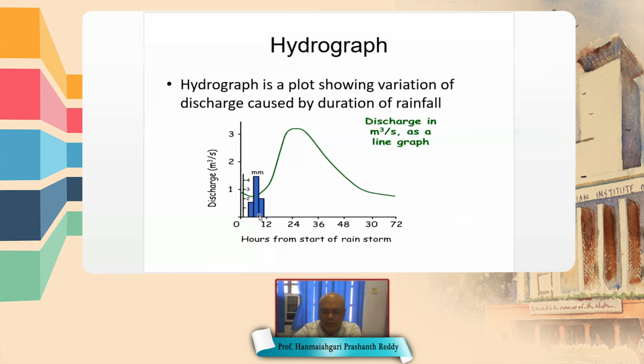A rainfall hydrograph is shown, then the resulting hydrograph is shown, because for both the rainfall hydrograph and this hydrograph, the time axis is common. The y-axis is different. For the rainfall hydrograph it will be in centimeters or millimeters, whereas for flow rate it is discharge in meter cube per second.